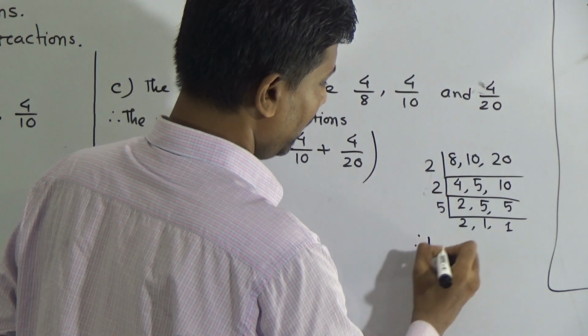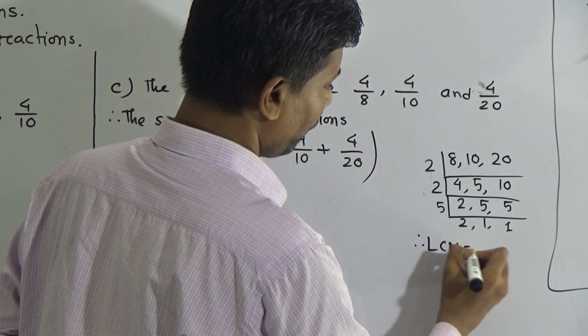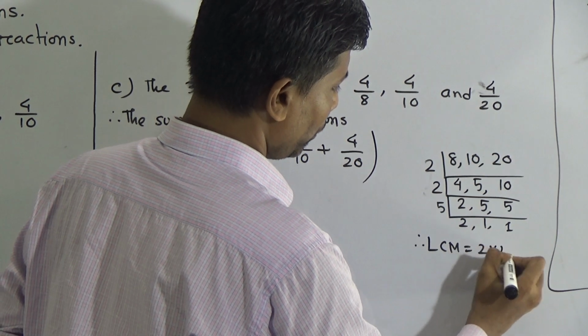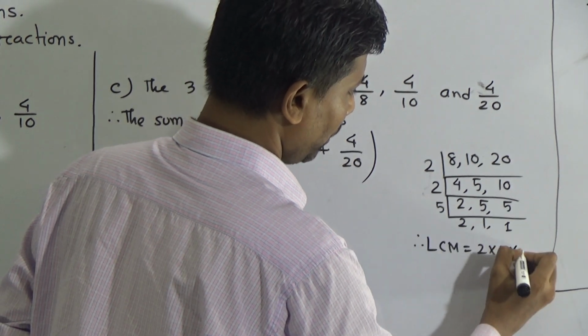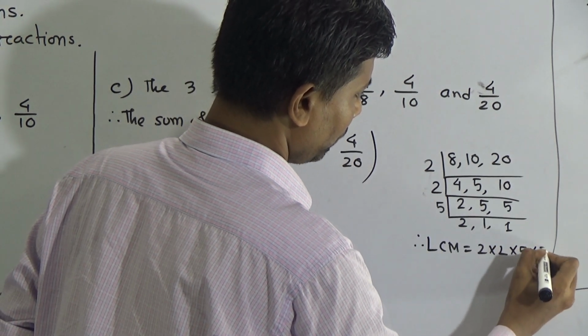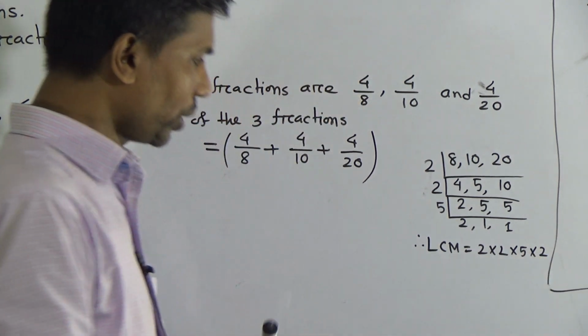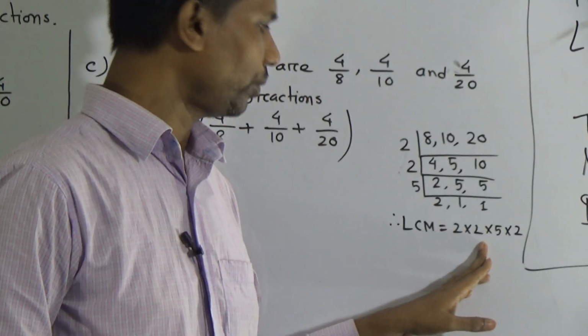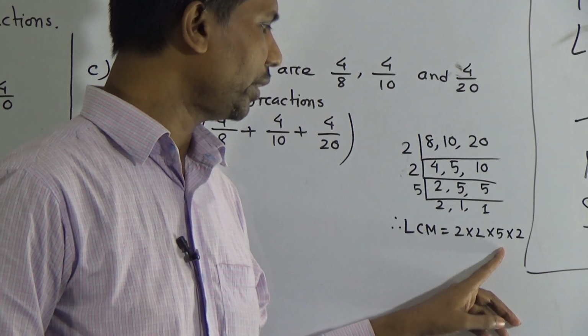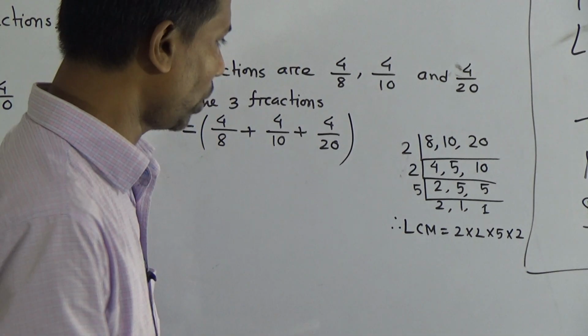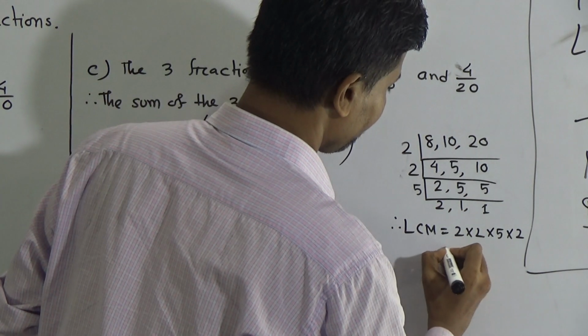That means LCM is 2 into 2 into 5 into 2. Look student, 2 2s are 4, 4 5s are 20, 20 into 2, this is equal to 40.